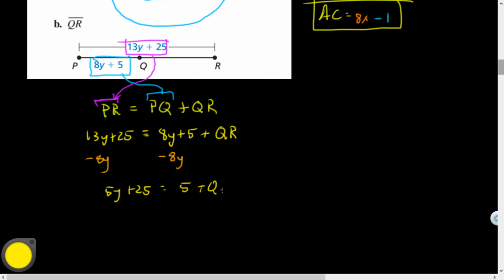Then I could subtract 5 from both sides. Notice I line these up under their corresponding like terms. It keeps things organized. And I'm going to use the reflexive property at the end here. So QR is going to equal 5y plus 20, if I'm not mistaken.